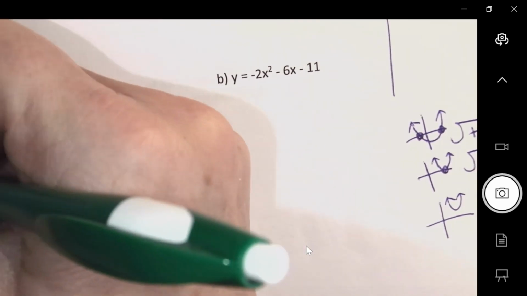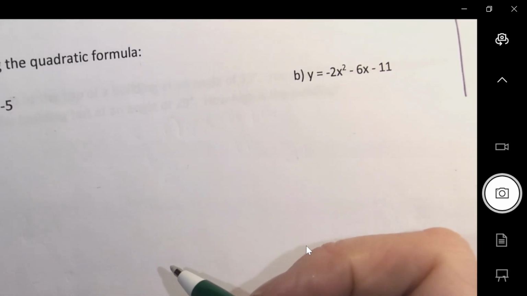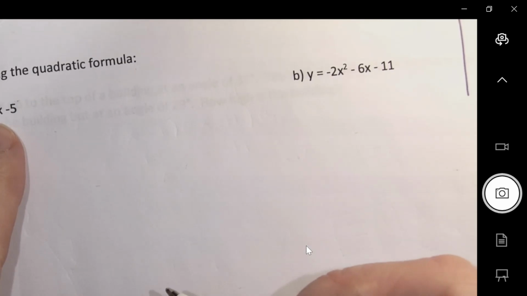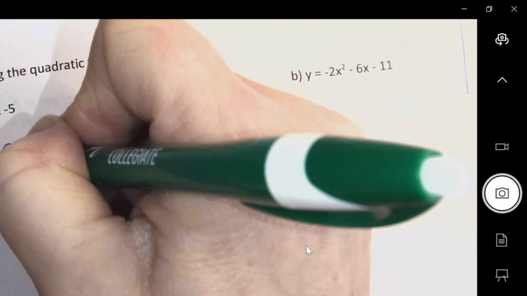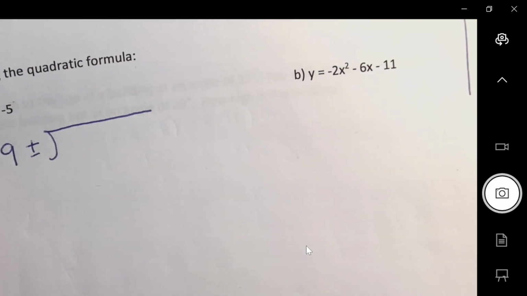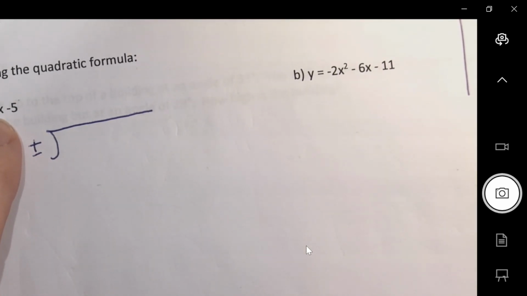So I'm going to go x equals. Everyone has the formula because I took it off my screen, but you all have it on your paper. Negative b. Again, when you see the negative, just think opposite. So opposite of the b, 9, plus or minus the square root of b squared. I really just want you to write the square root of it right away. What happens when you square negative 9?